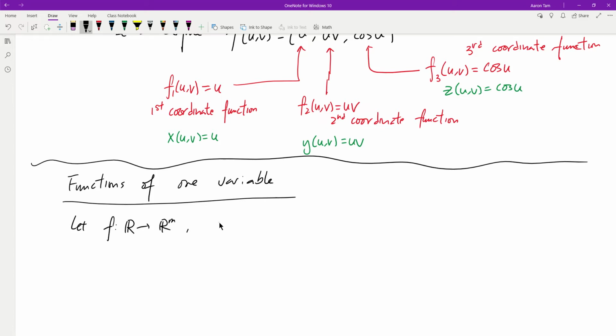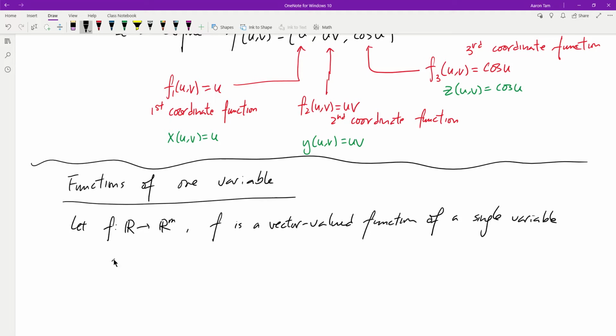So therefore, in this case, f is a vector valued function of a single variable. Different from last year, the functions you learned had only one dependent variable. Now we talk about functions that have m dependent variables, but with only one single independent variable. So what do these types of functions look like?